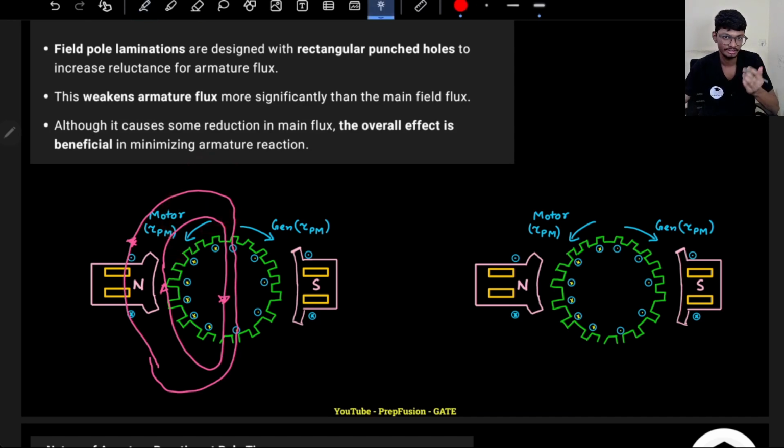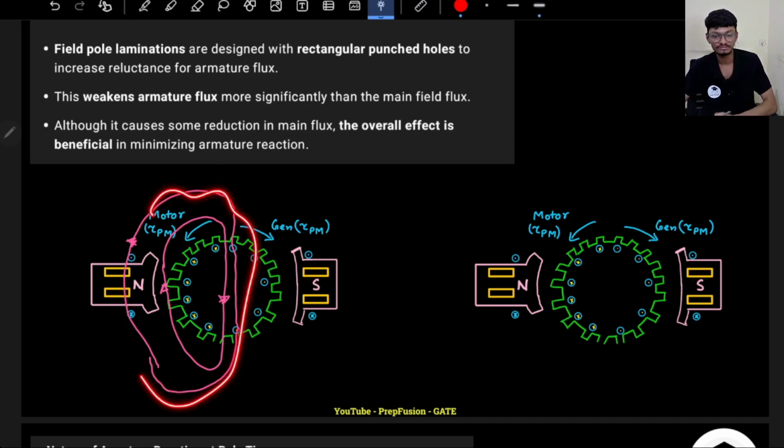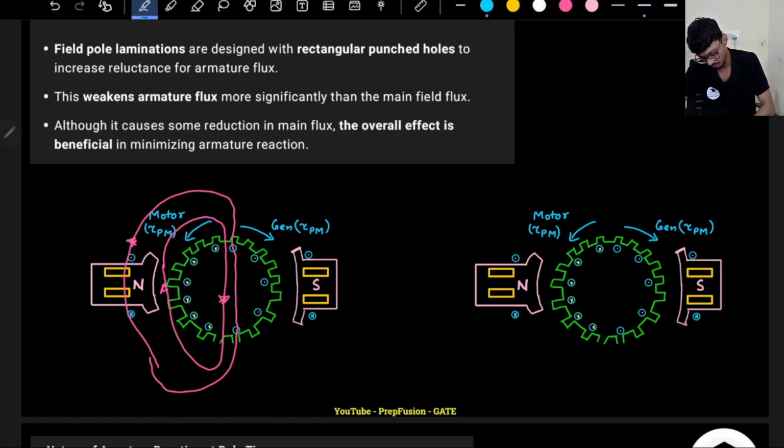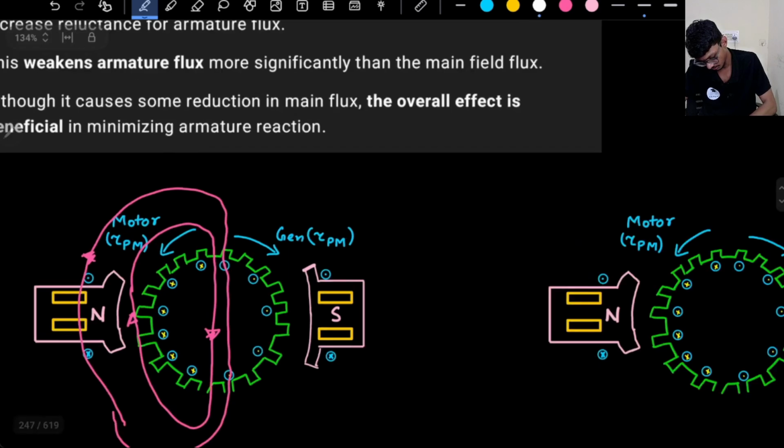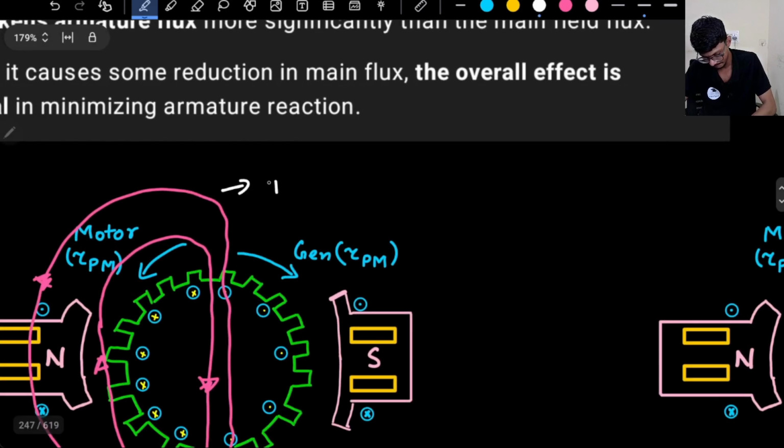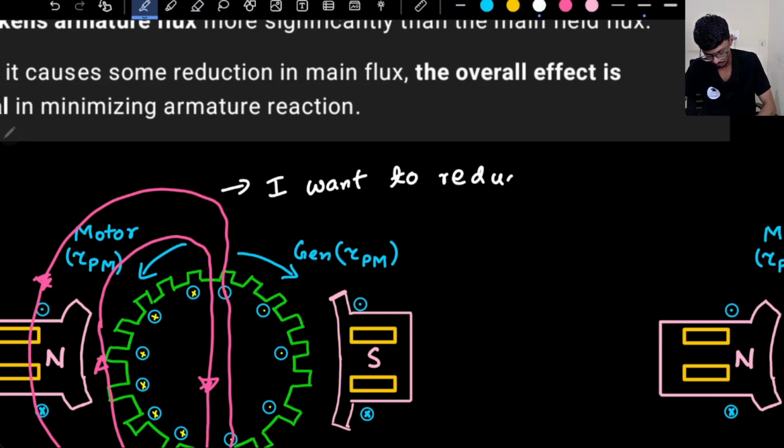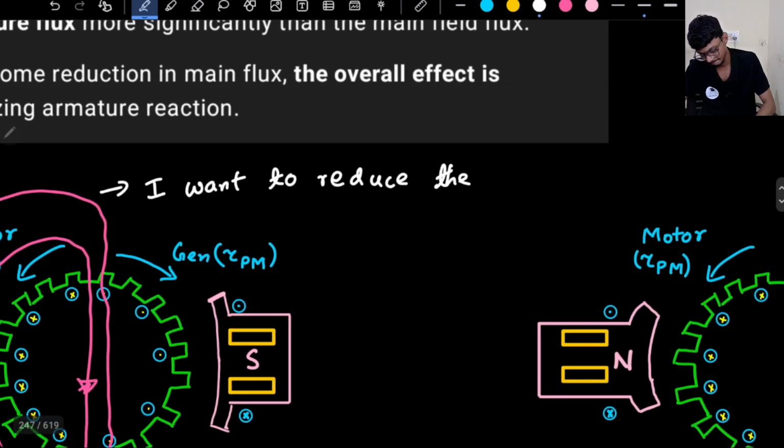How can the armature reaction be reduced? This flux mmf has to be reduced. If I can somehow make a high reluctance path for this flux, then the armature flux will reduce. I want to reduce the armature flux.